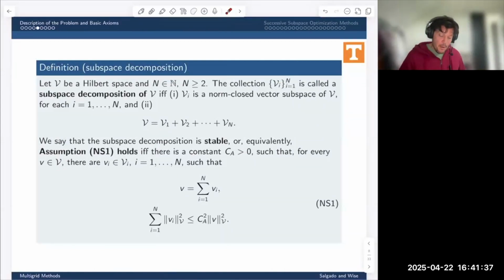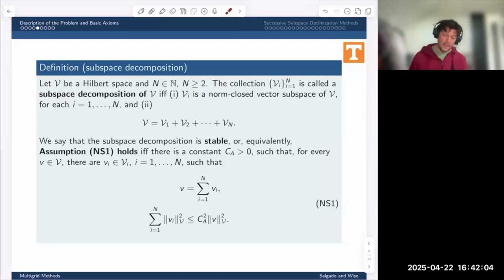Now, we need to break our space up into subspaces. The reason we need to do this is that the method is based on this; the chapter is named after this subspace decomposition type of ideology. This is going to be useful to us and give us a fast multigrid-like convergence.